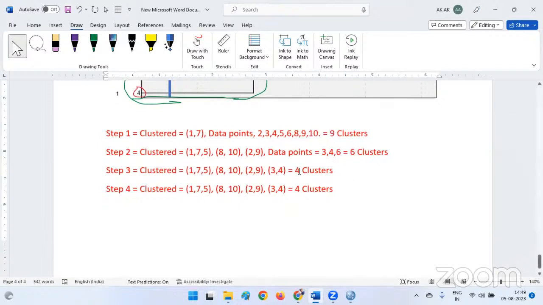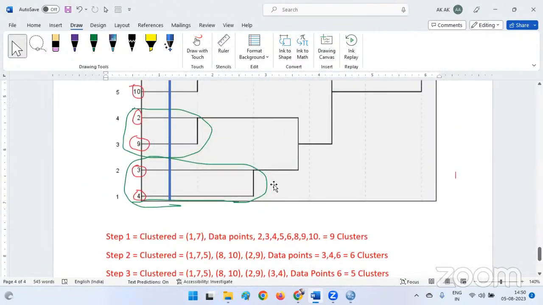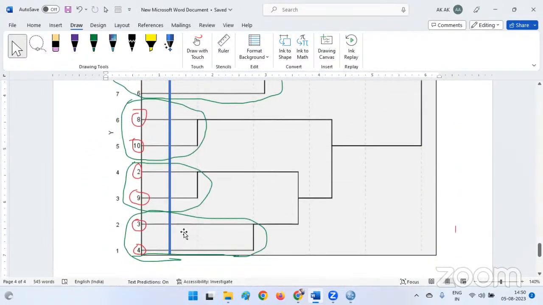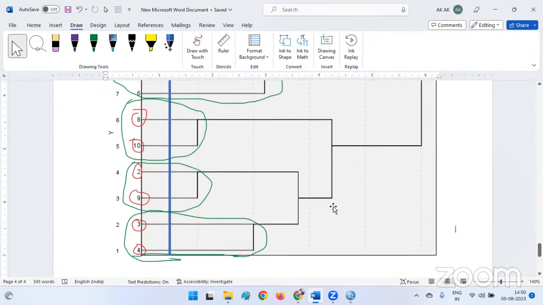Earlier it was 5 clusters, and 6 was not there. Now we can say that 6 has joined this cluster. So all have joined: 1, 2, 3, 4, 5, 6, 7, 8, 9, 10. Now there are 4 clusters. We forgot 6 in the data points earlier. Now we have included it.